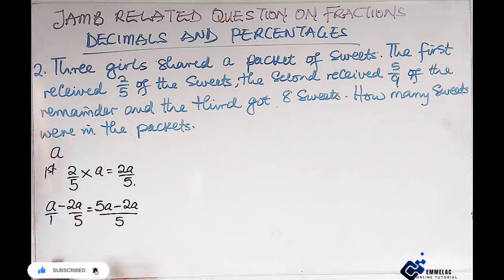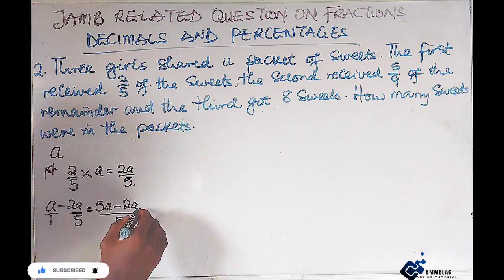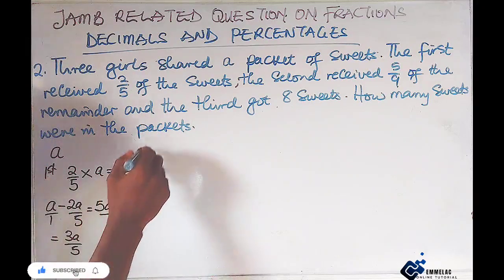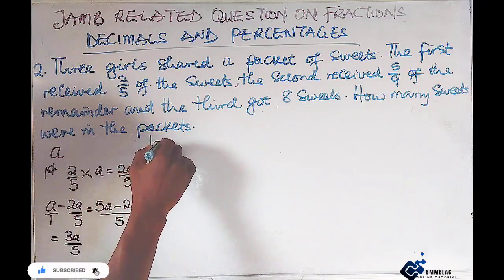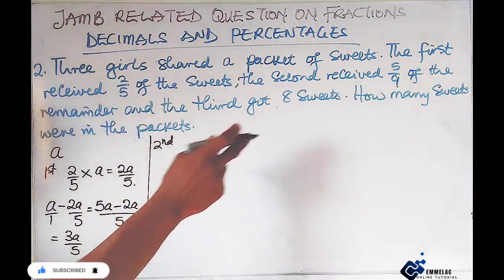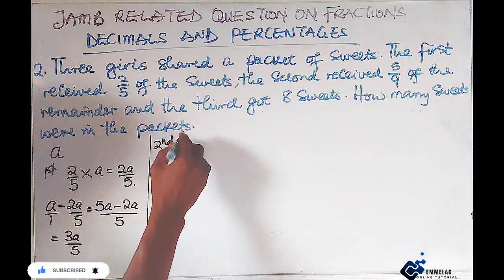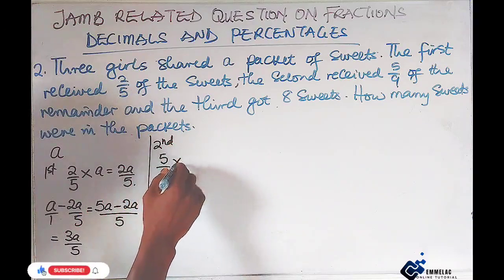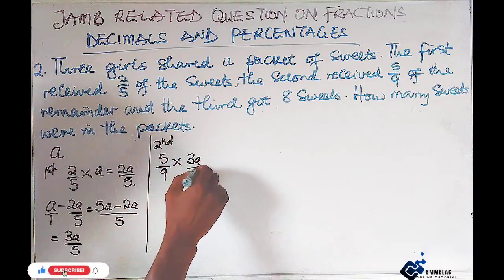This is just a trick I use to help me simplify easily. So here you have 3A over 5, and this is now the remainder. We are told that the second girl got 5/9 of the remainder, 3A over 5.